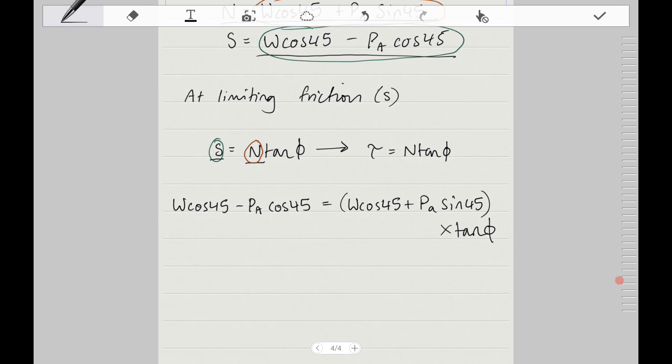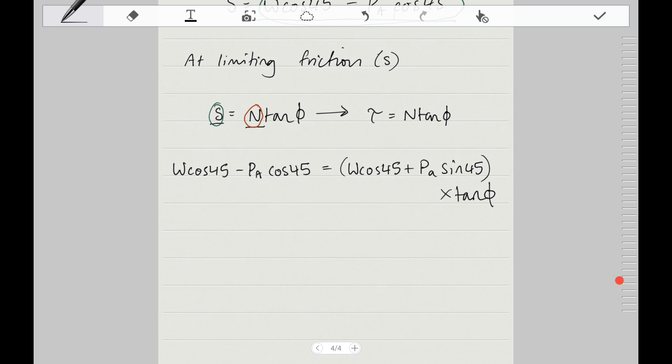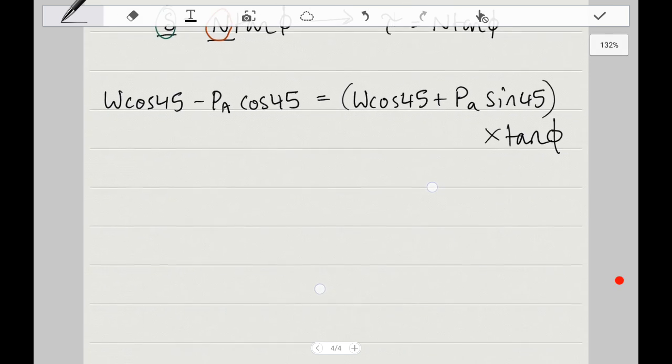Okay, so now it's just a matter of making PA the subject, and that's quite straightforward. I'm going to zoom in.